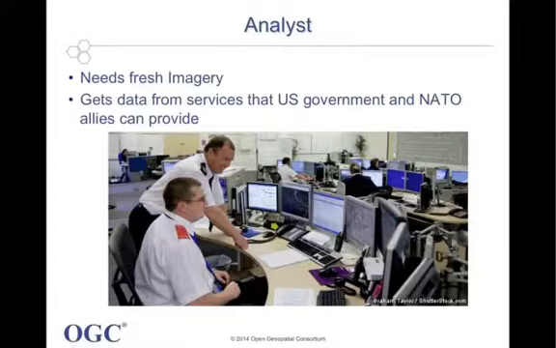So this is what happens. The analyst needs fresh imagery from the area, and also wants to get all the possible data that the US government can provide, and also, because we have these NATO allies in the area, data from other sources that can provide more information to the situation.